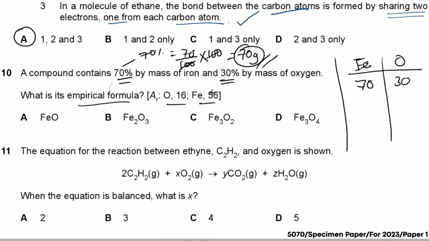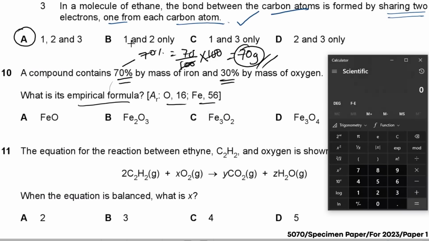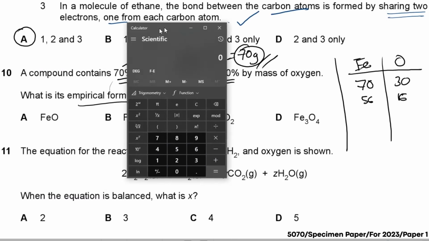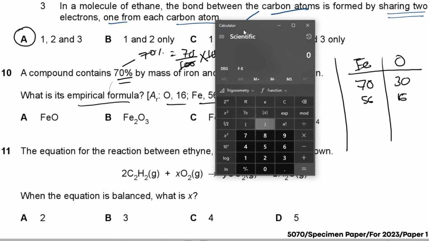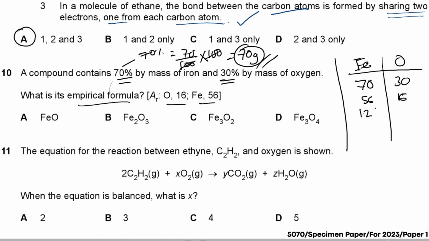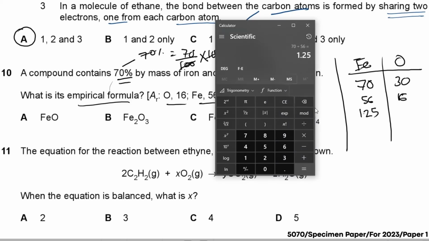Then next we are going to write the AR. So it's 56 and we have 16. We can easily go ahead and use a calculator. So we do 70 divided by 56, which is going to give us 1.25.